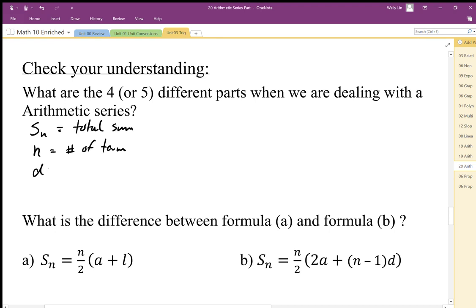We need to know the common difference, which happens to be our slope. And we need to know the starting value. Now, what we could also include in here is L, because we do have a formula that involves the last term.